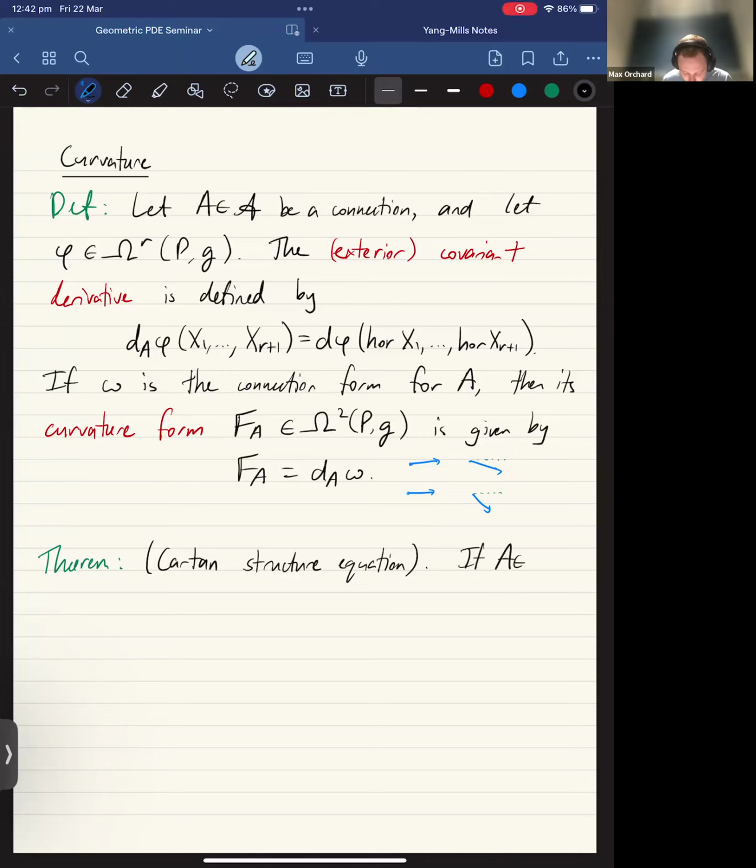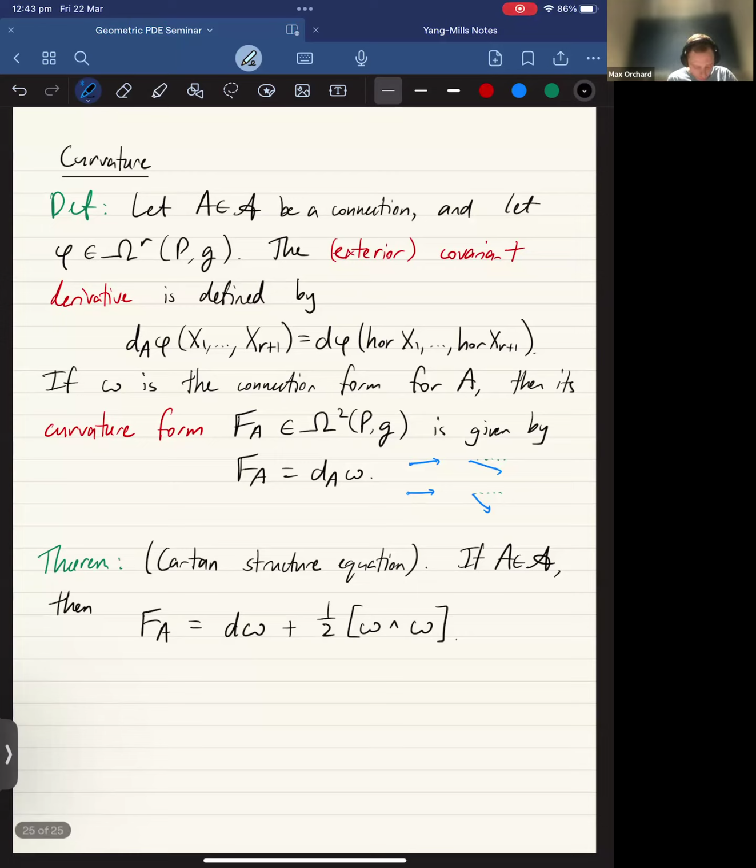If you have some connection A, then the curvature form for this connection satisfies this here, where omega, of course, is the connection form associated to the connection A.